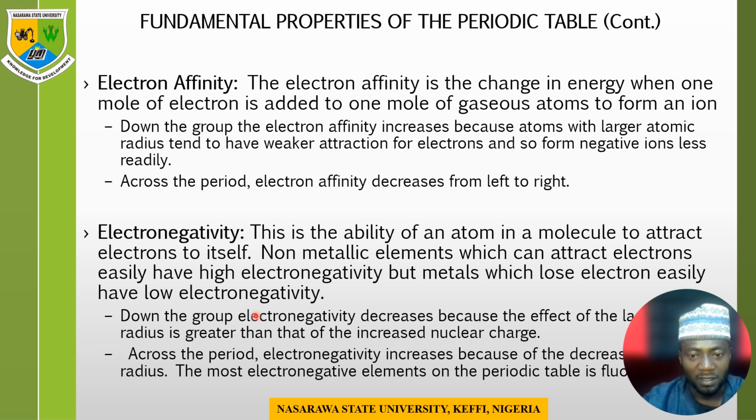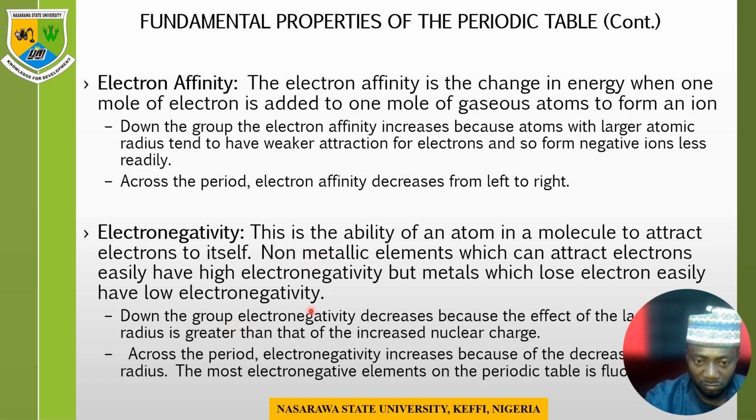So as we are moving, the readiness with which these elements attract electrons is increasing, and that is why electronegativity value increases across the period, until you reach group 7 elements, that is the halogens. Halogens in a particular period will have the greatest electronegativity value because they show readiness with which they acquire 1 electron. Particularly, fluorine is the most electronegative element in the periodic table.